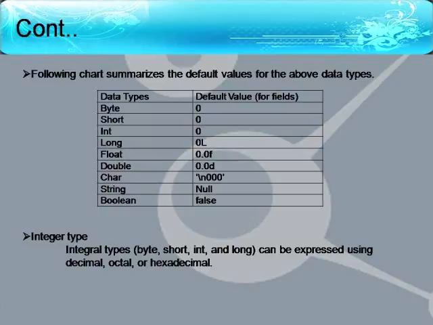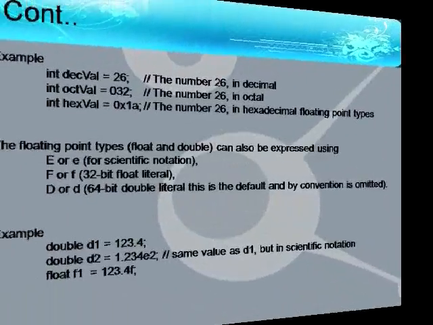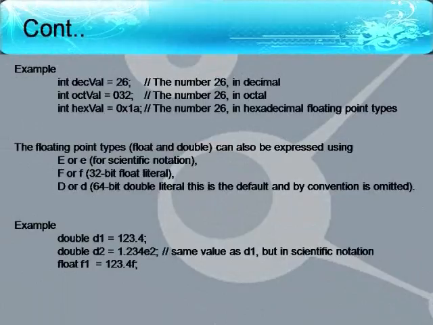The byte data type can be useful for saving memory in large arrays, where the memory savings actually matters. They can also be used in place of int, where their limits help to clarify your code. The fact that the variable's range is limited can serve as a form of documentation.